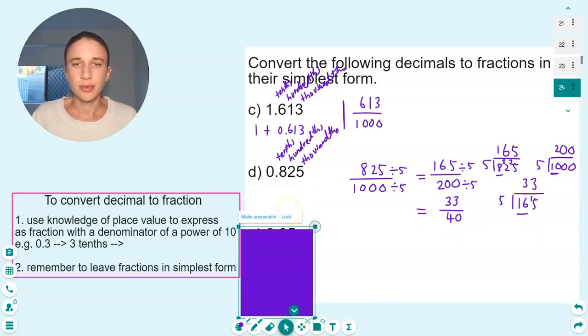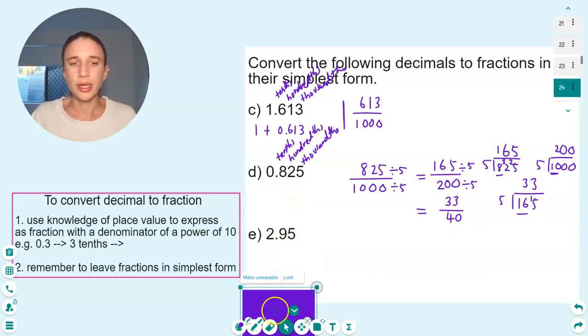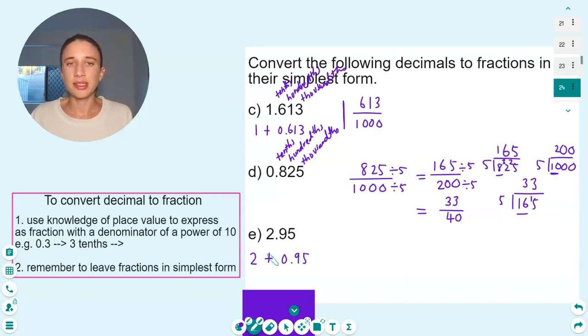Okay. What's this one? 2.95. So see how we've got a big number there? You could break this decimal up: 2 plus 0.95. And just like in part C here, see how that whole number is the big number?